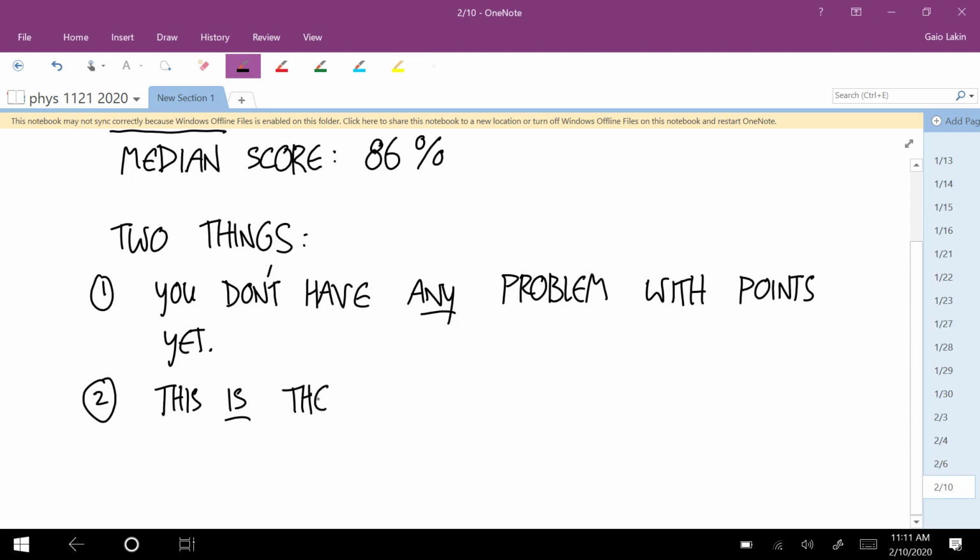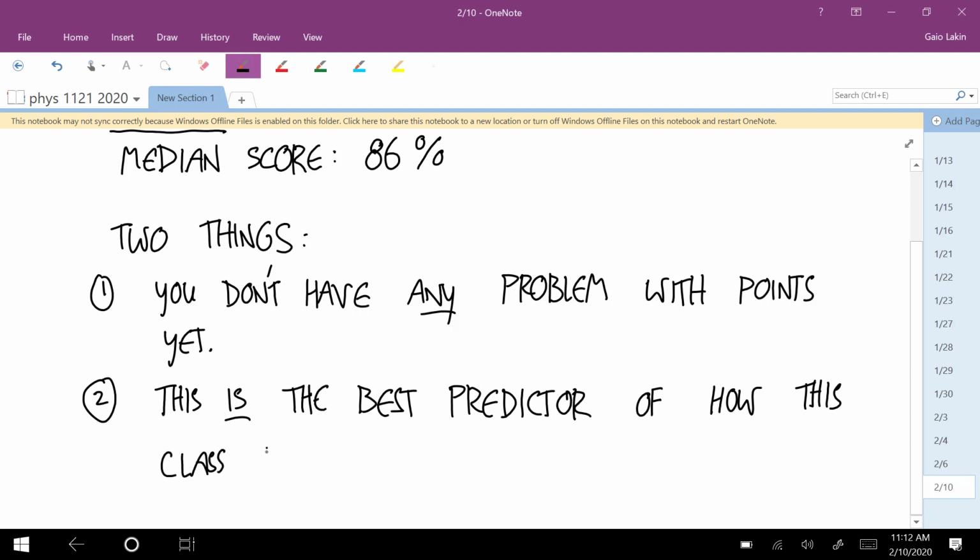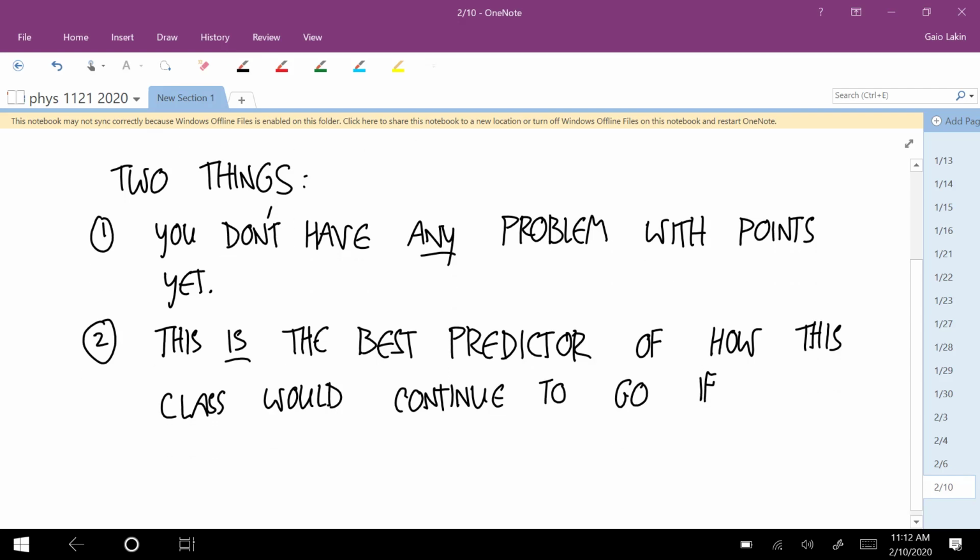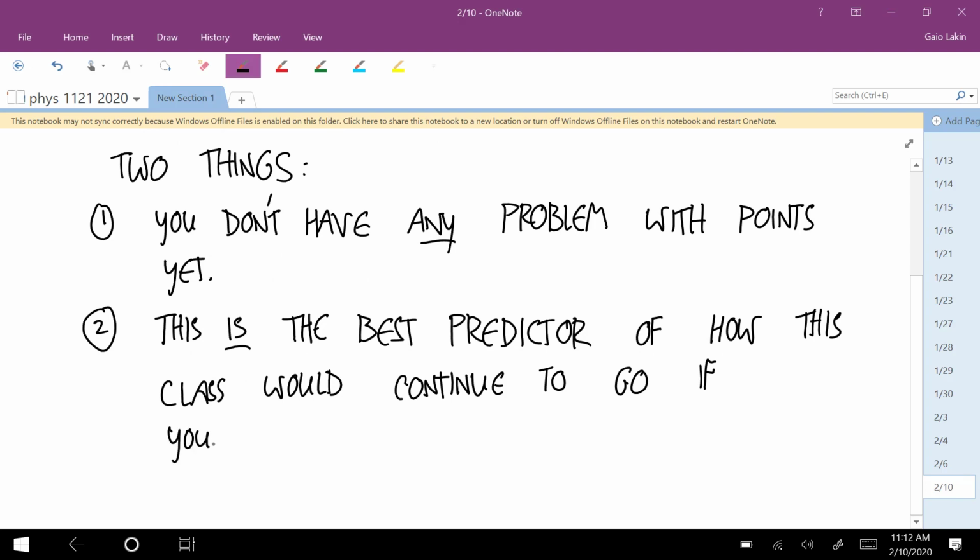So this is the best predictor of how this class would go, how it would continue to go, if you kept doing what you're doing.